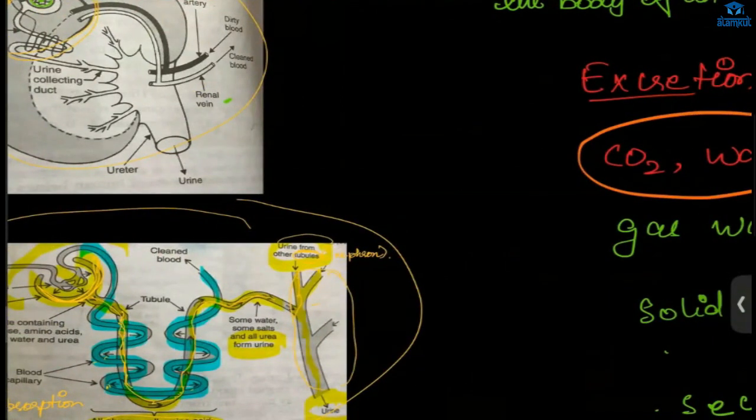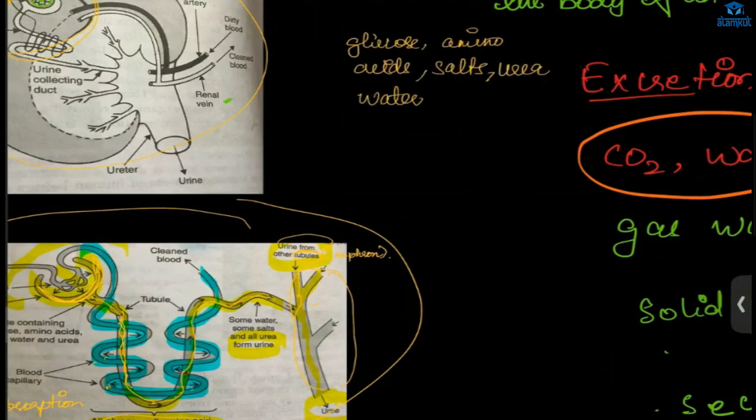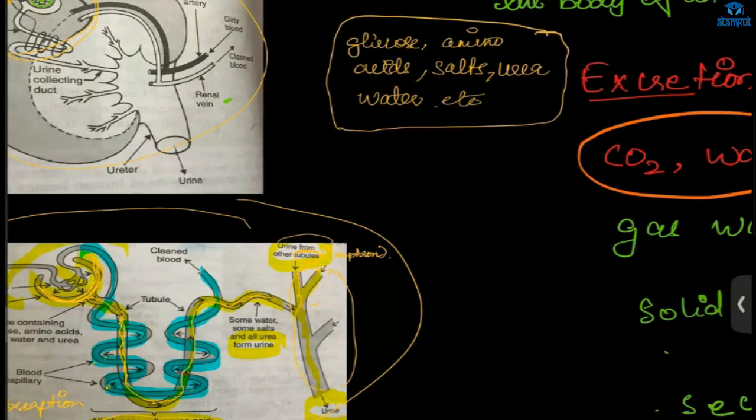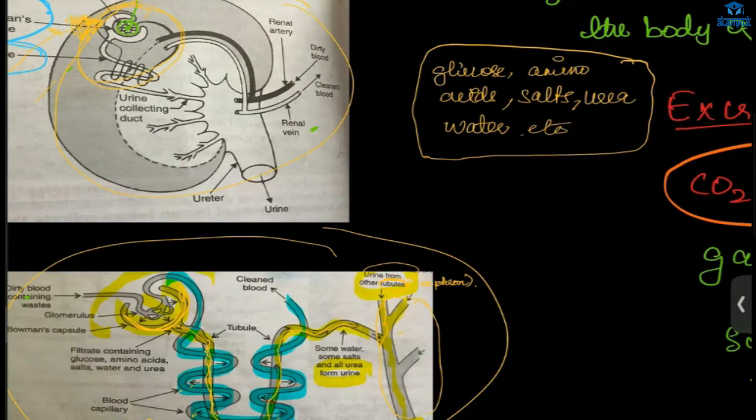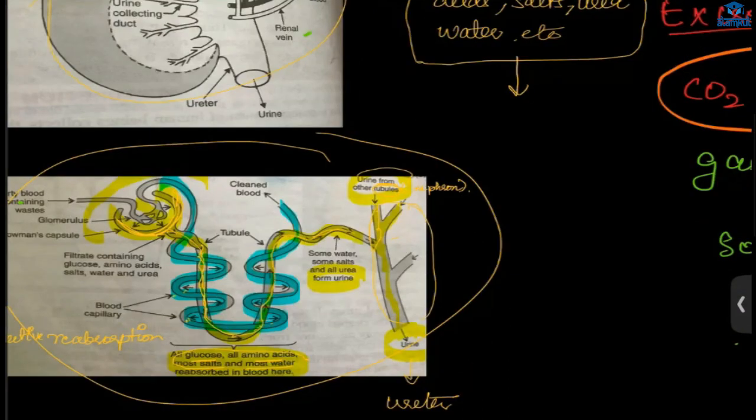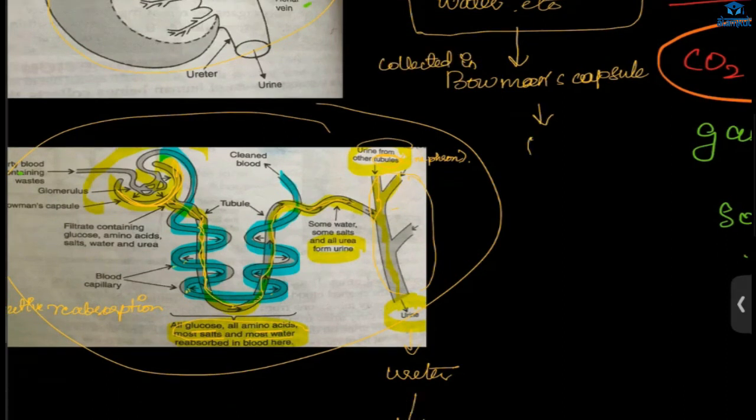First thing we have here: glucose, amino acid, salts, urea, water, and so on. All these things will pass through the glomerulus and get filtered. They will go to the Bowman's capsule and be collected there. Next, blood capillaries.